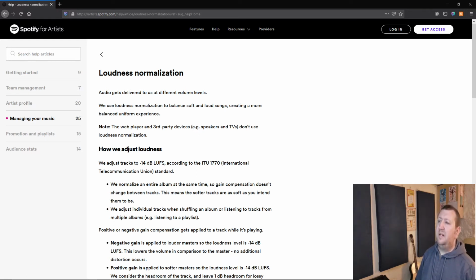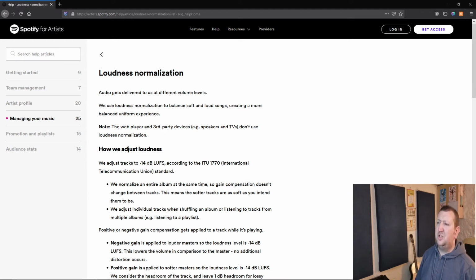If I'm listening to Spotify on my computer, I can open the Spotify app and the volume will be normalized. But if I used a web player, it won't be.